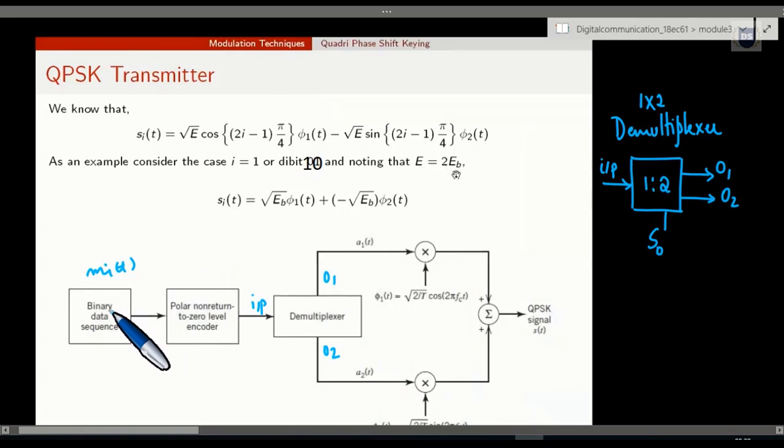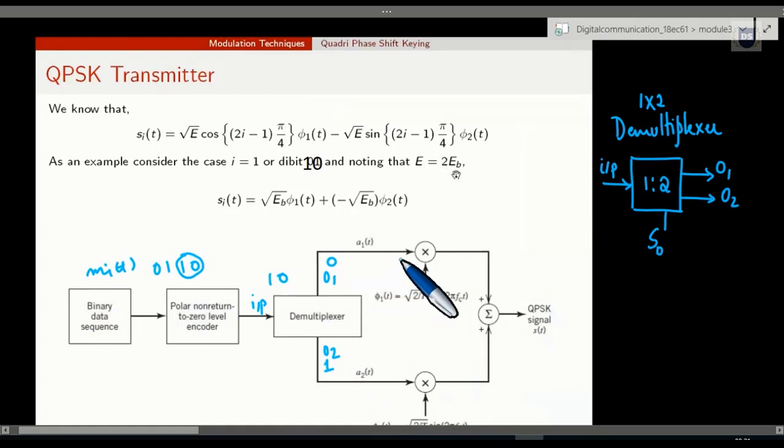So over here, if our binary data sequence is something like 0, 1, 1, 0, then it will first be sent through the polar non-return to zero level encoder, and right after that the starting 2 bits will be selected, where 0 will be output 1 and 1 will be output 2.